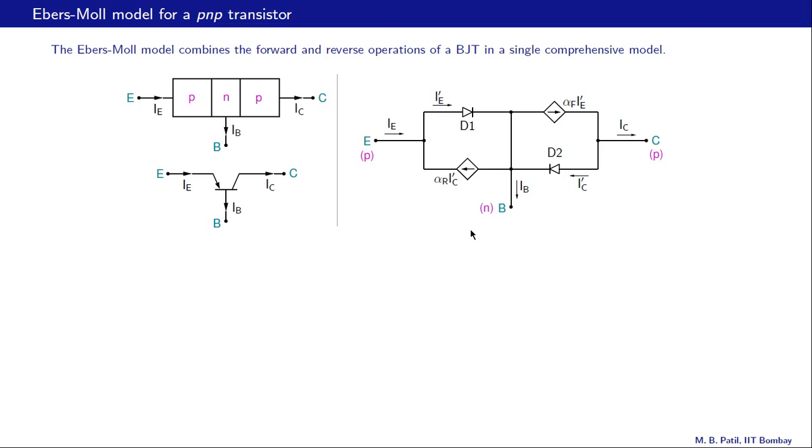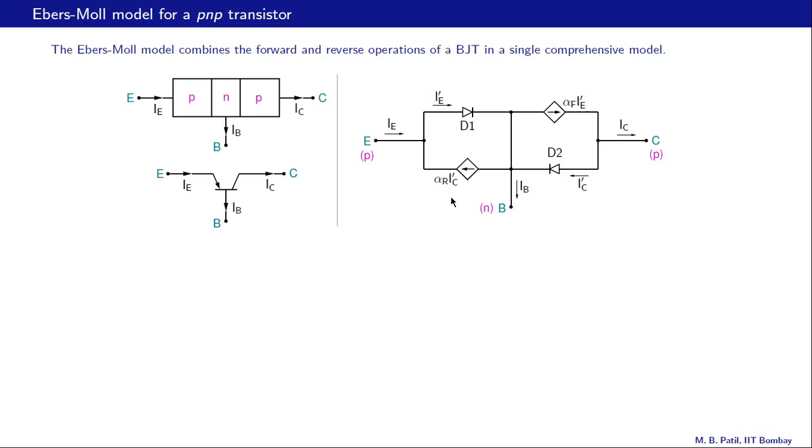Similarly, in the reverse active mode, the base collector junction is under forward bias and the base emitter junction is under reverse bias, and therefore this current now will be negligibly small, and therefore the D1 branch as well as this current controlled current source would be open circuits. And now we are left with D2 and this dependent source. And now IC is minus IC prime, IE is minus alpha R times IC prime.